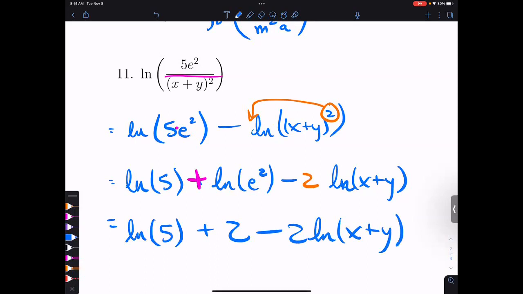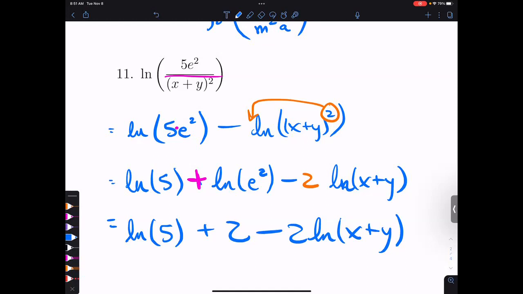Can you do anything to break the log of x plus y up further? Two separate things for x and y? No. All right, everybody, eyes on me for a second. Can you do anything to break up the log of x plus y further? No. Can you distribute a log? No. Can you break logs up over addition or subtraction?